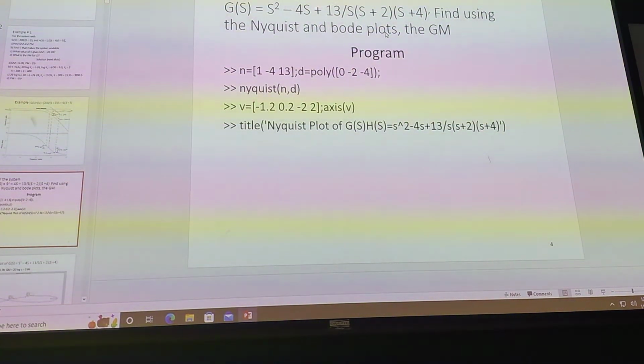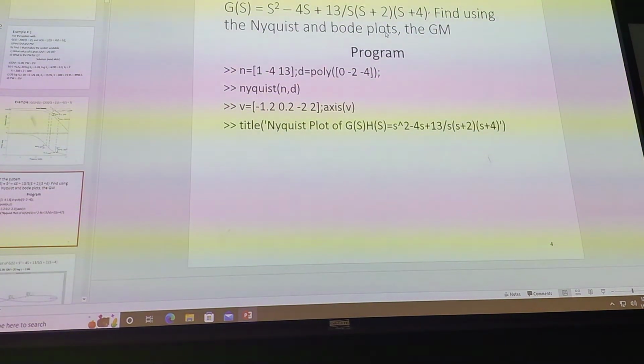So what is the value of P? Is it 3? No, it is 0. I don't have poles on the right half of the plane. P, by definition, in our Nyquist program, is the number of poles on the right half of the plane.